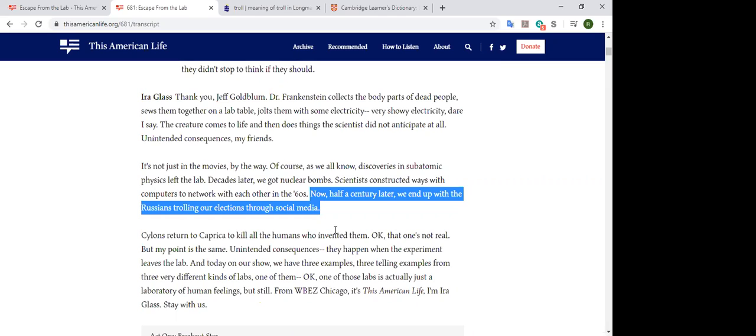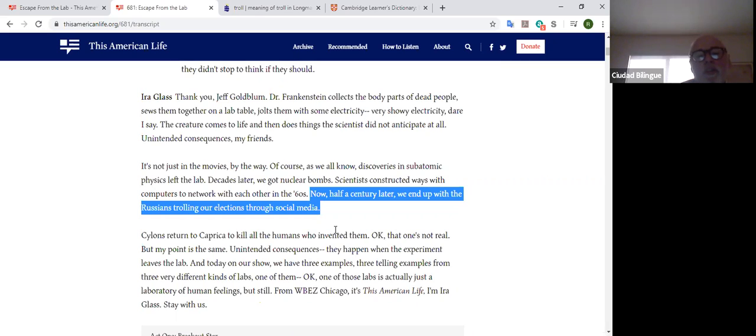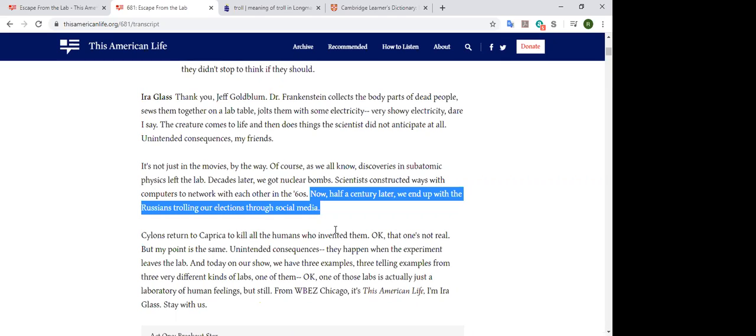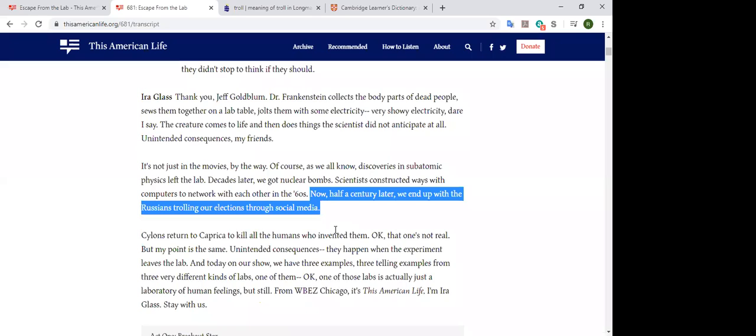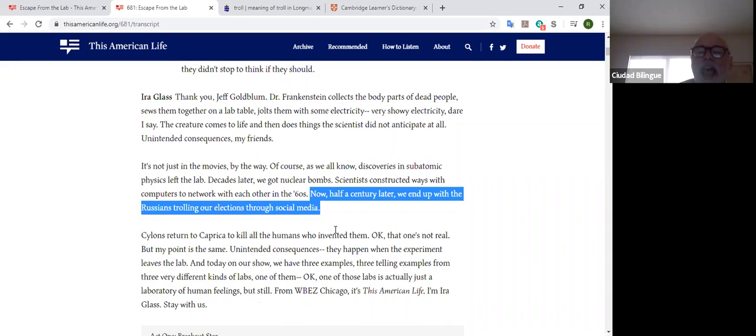Yes, we did. Did we end up with the Russians trolling our elections through social media two centuries later? No, we didn't. Did we end up with the Europeans trolling our elections through social media half a century later? No, we didn't. So, who did we end up with trolling our elections through social media half a century later?